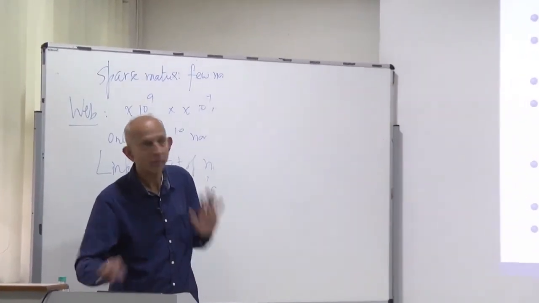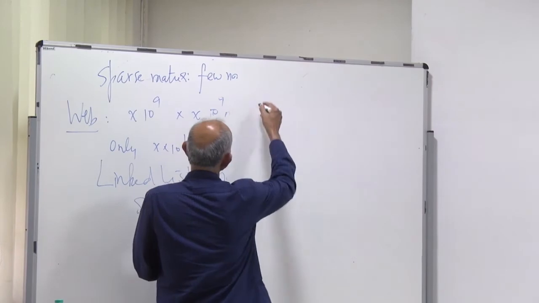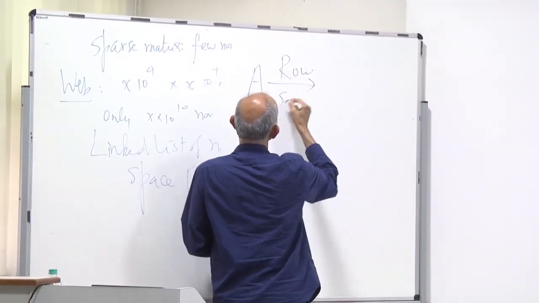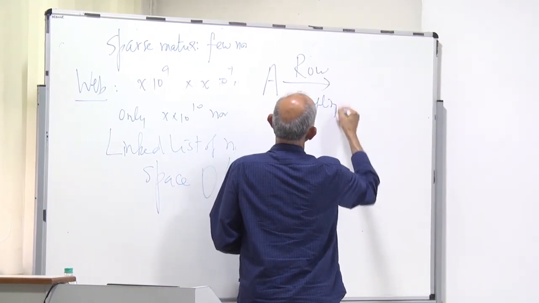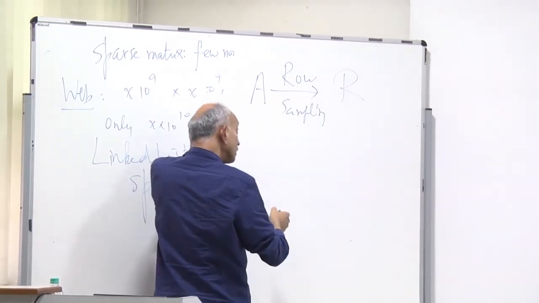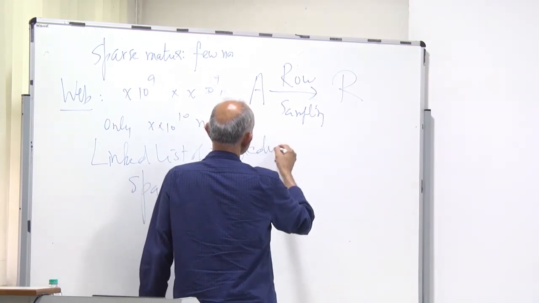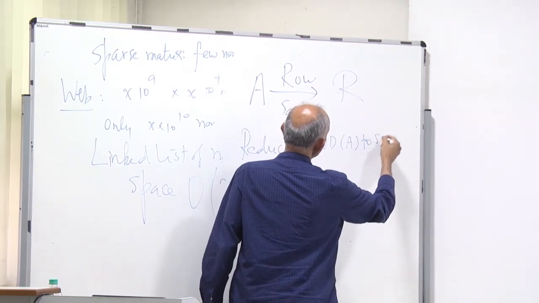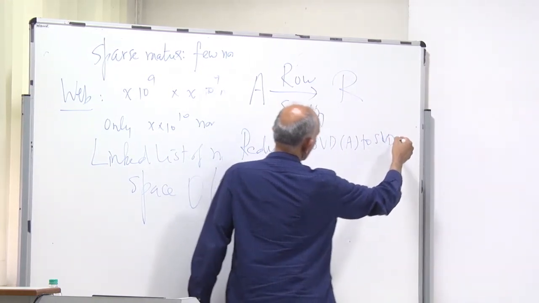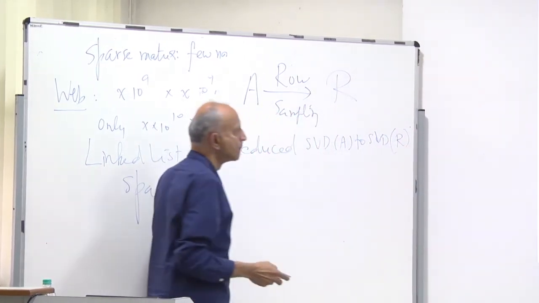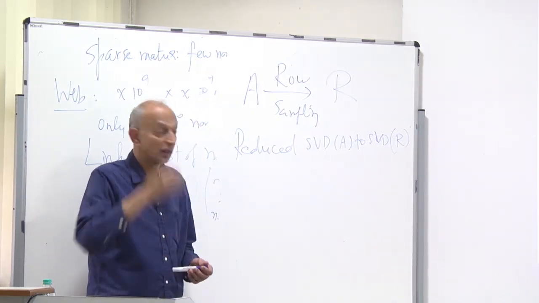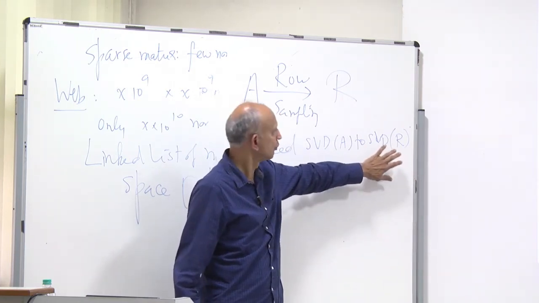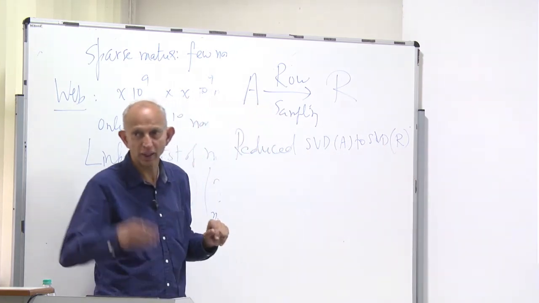So far what we saw was that we had a matrix A, we do row sampling to get R, and we reduced finding SVD of A to basically SVD of R. We could further reduce it to R transpose, but this is in spirit what we did.